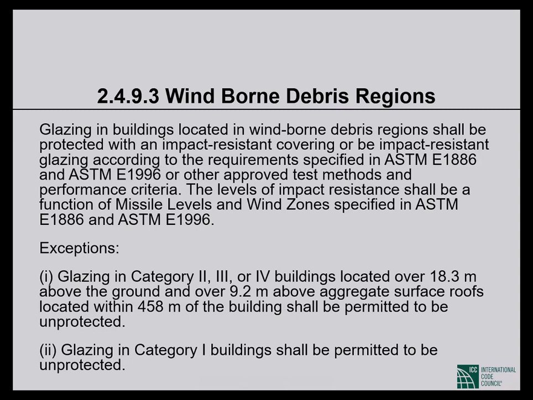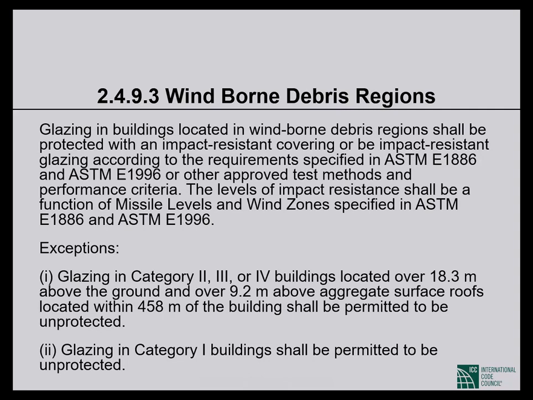So glazing in a building located in windborne debris region shall be protected with an impact-resistant covering or be impact-resistant glazing. Now, glazing in category 2, 3, and 4 buildings. 1 is the unimportant building. Remember, 2 is standard occupancy, 3 is assembly, 4 is essential facility. Located over 18.3 meters above the ground, that's 60 feet, or over 9.2 meters above aggregate surface roofs located within 458 meters of the building.